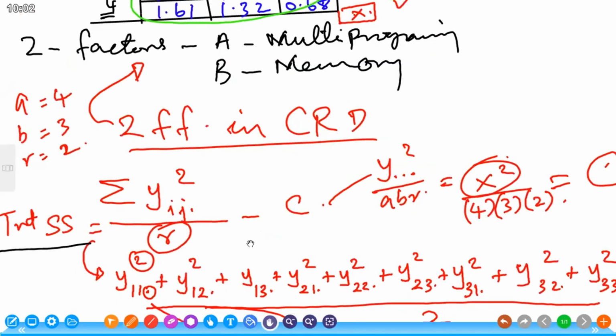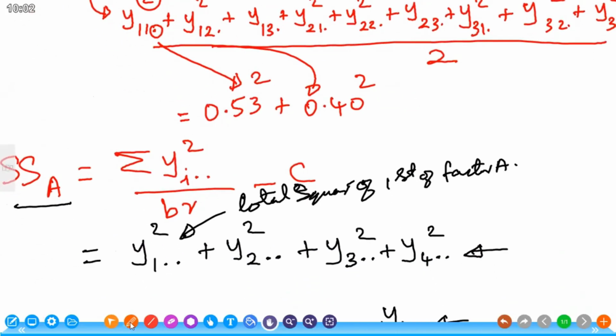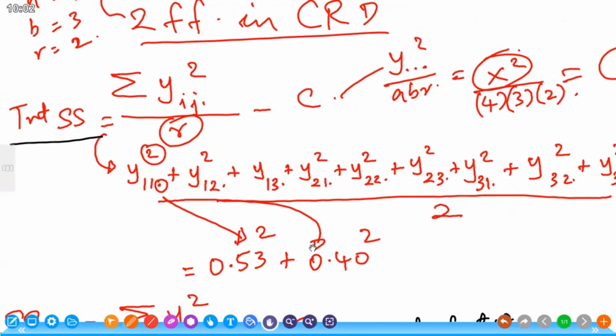That is why we are dividing by BR. Similarly, when you calculate the sums of square of treatment, how many observations are we adding before squaring? 2.